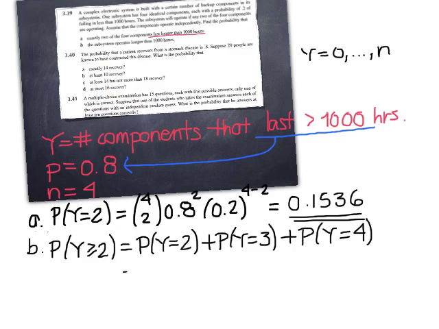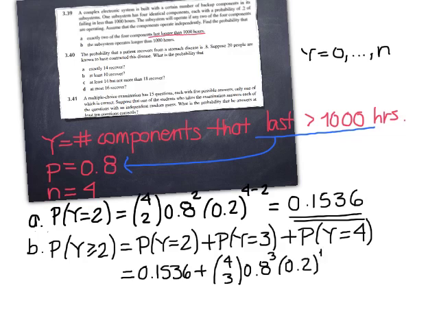And we are going to use the formula. Of course, the first term you already have it. The second one is going to be the combination, 0.8 raised to the power of the number of successes, then 0.2 raised to the complement. Again, remember these 2 should add the value of n.